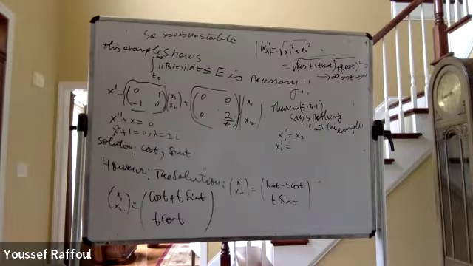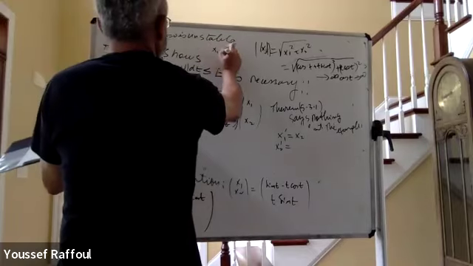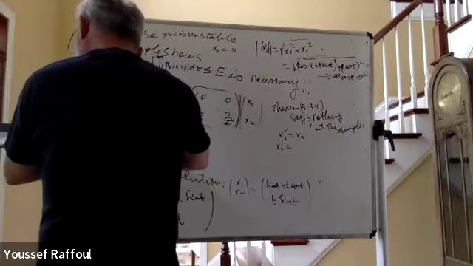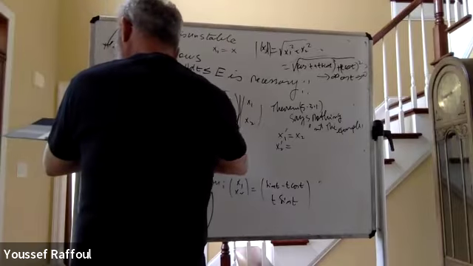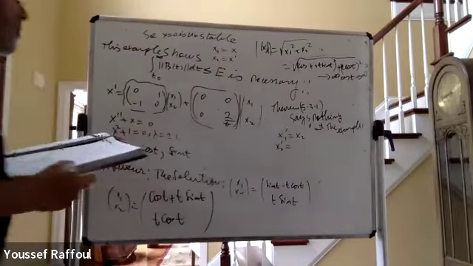I'll get back with you. I'm just trying to help you find the solution if you need to. So remember we took x1 equal to x and x2 equal x prime.